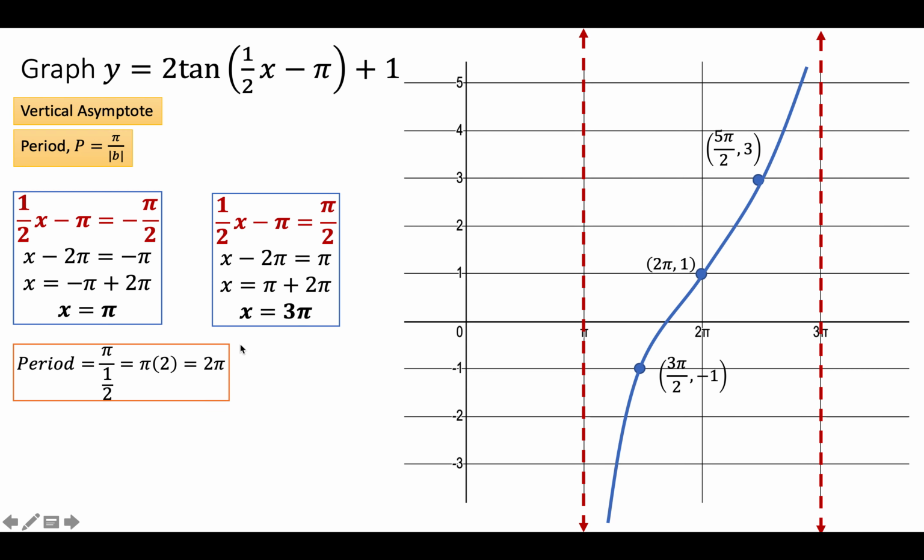Next, 3 pi plus 2 pi is 5 pi. So we can say also that 5 pi is not part of our domain. Let's say 5 pi plus 2 pi, 7 pi. So there are infinitely many numbers that are not included in our domain. So we should write that in a general form. So how can we write that? The domain here is the set of all x such that x is an element of real numbers such that x is not equal to pi plus 2 pi n.